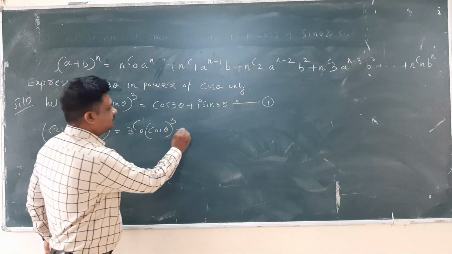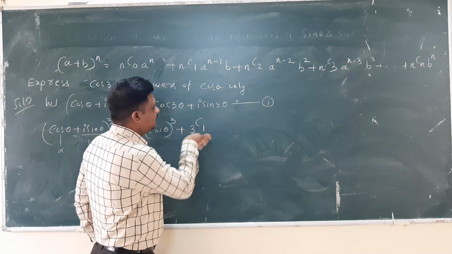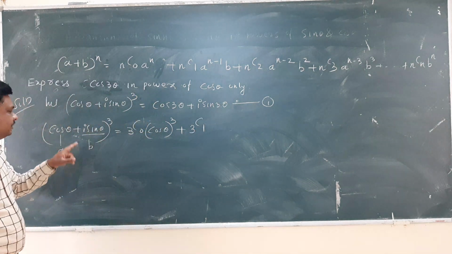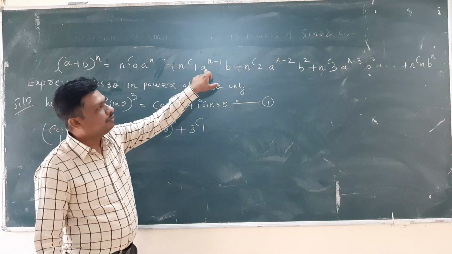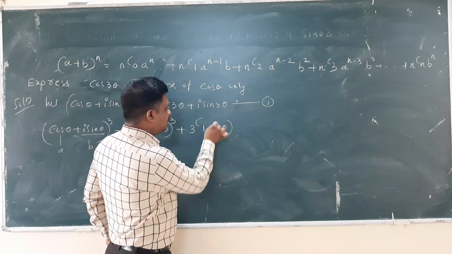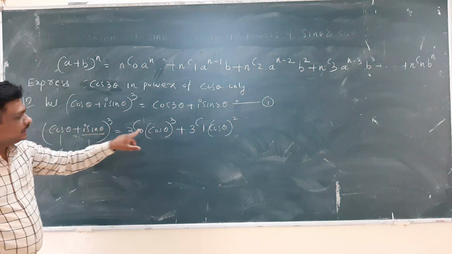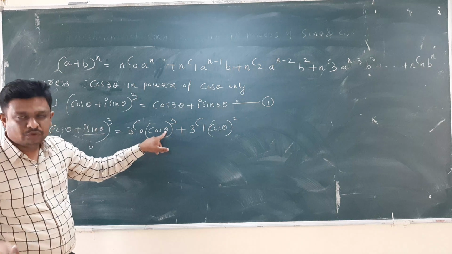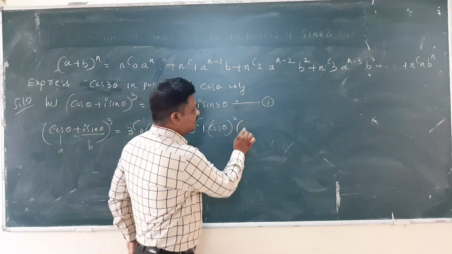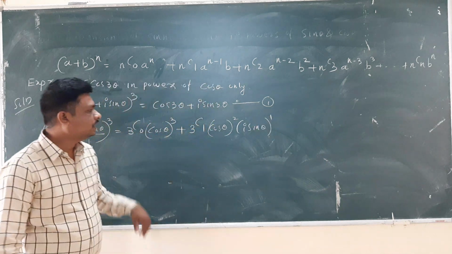Then plus nC1, n is 3, so 3C1. Decrease the power of a by 1, so I will write here cos theta raised to 2. Then the power of i sin theta: here the power is 0, that is 1, no need to write, so I will write i sin theta raised to 1.